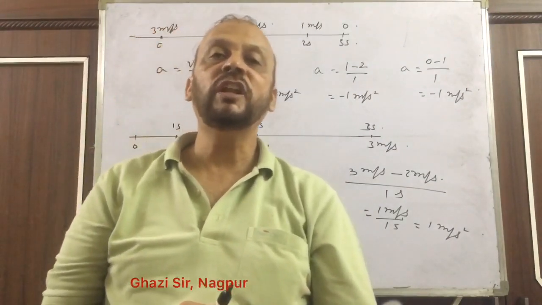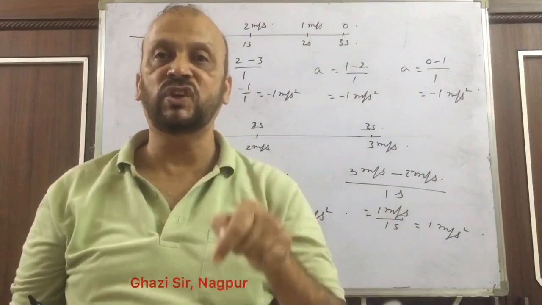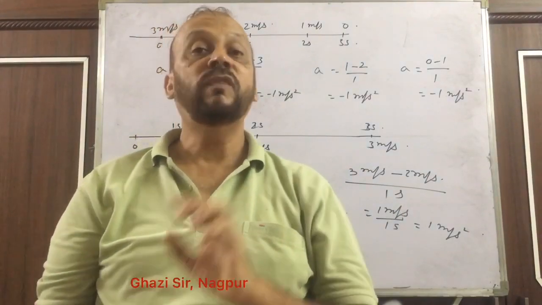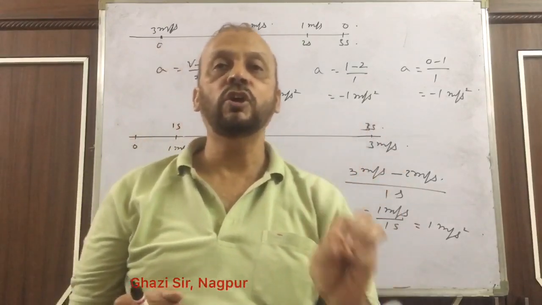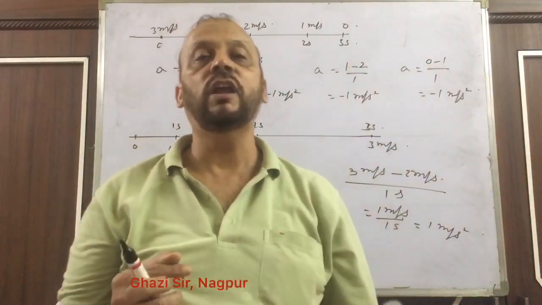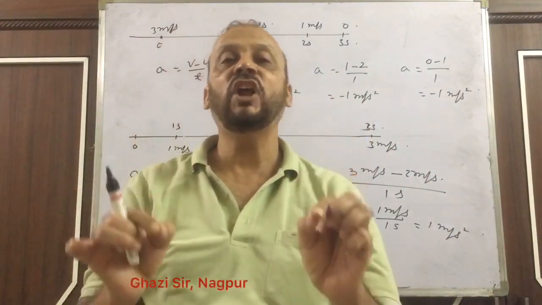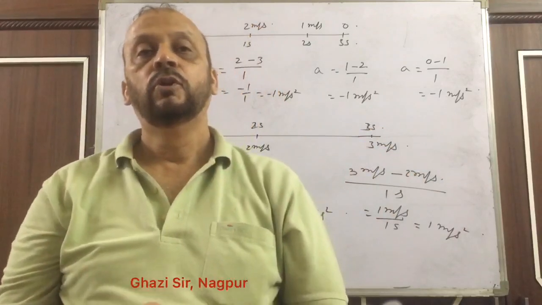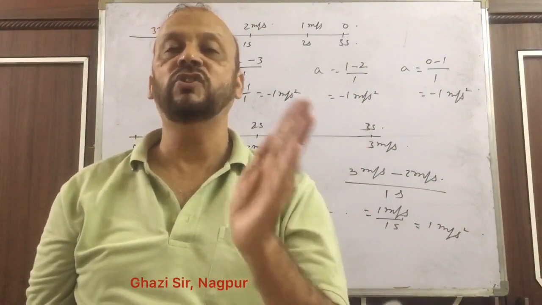So acceleration can be produced either by increasing speed or by decreasing speed. There is one more factor. It is the rate of change of velocity, and velocity is a vector quantity which depends upon magnitude and direction both. So acceleration can be produced by changing the direction of velocity also.